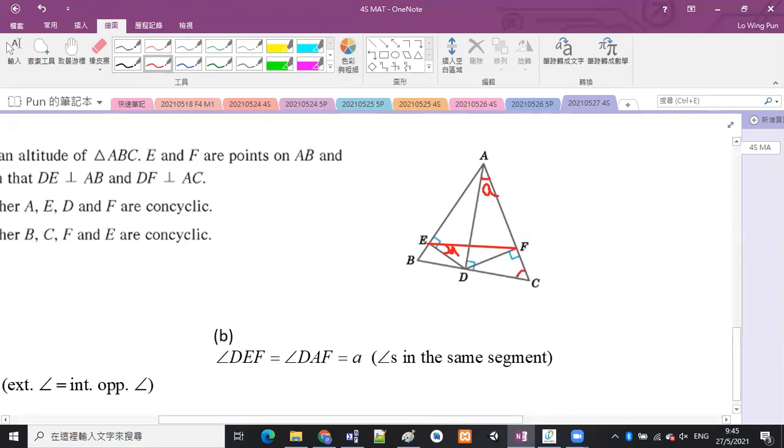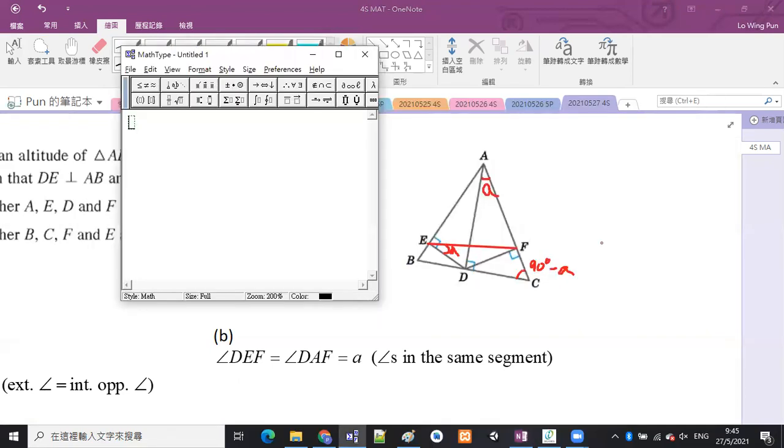Angle ACD should be 180 degrees minus 90 degrees minus A. And that should be 90 degrees minus A, right? 90 degrees minus A. Okay, so let us write down the step. Angle ACD is 180 degrees minus 90 degrees minus A. And I have used angle sum of triangle. And that should be 90 degrees minus A.